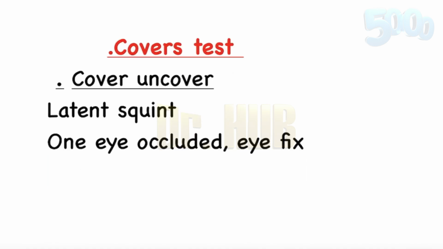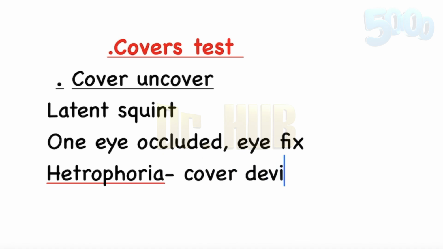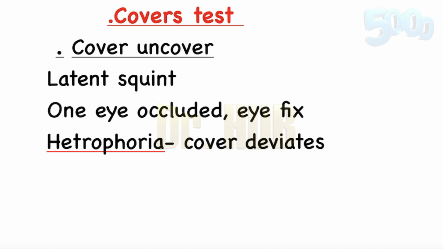In the presence of heterophoria, the eye under the cover deviates. So the covered eye deviates. When the cover is removed, the eye under the cover returns back to normal.